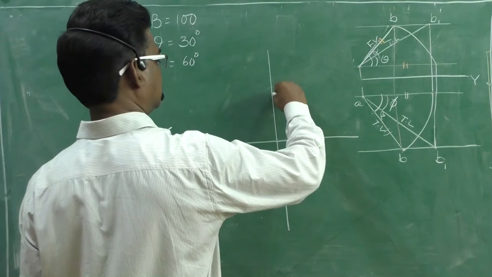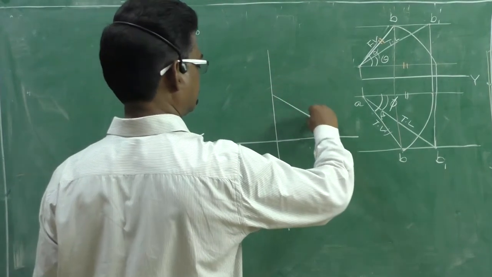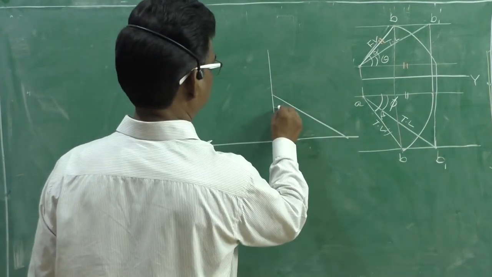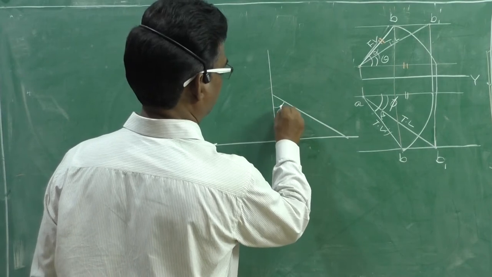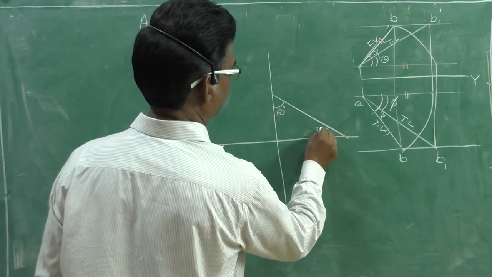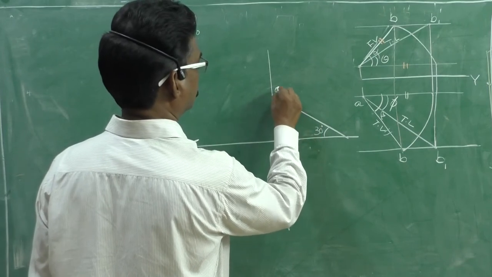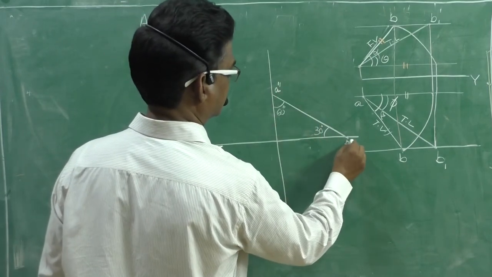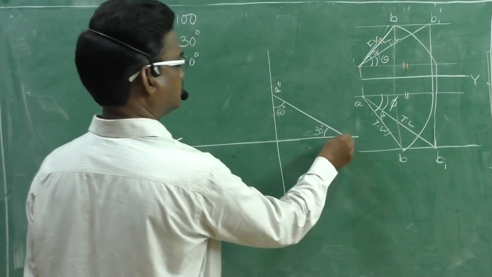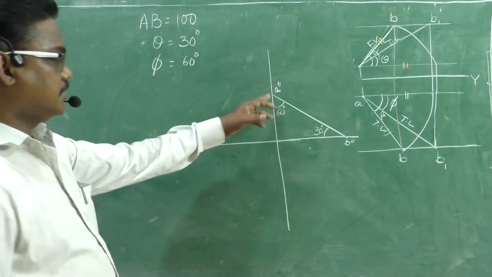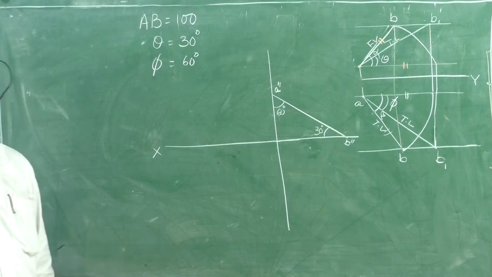The line will be like this. This is 60 and this is 30. And this total line length, let it be A double dash, this is B double dash. B is in HP, A is in VP, right?